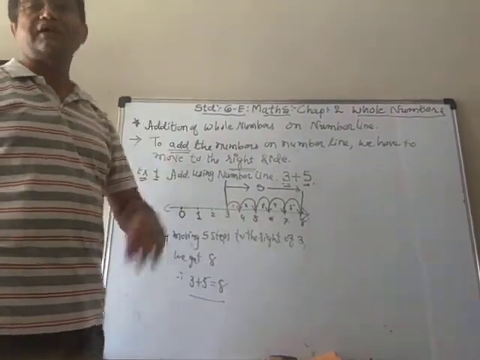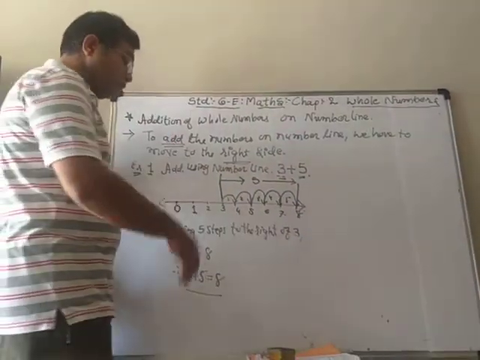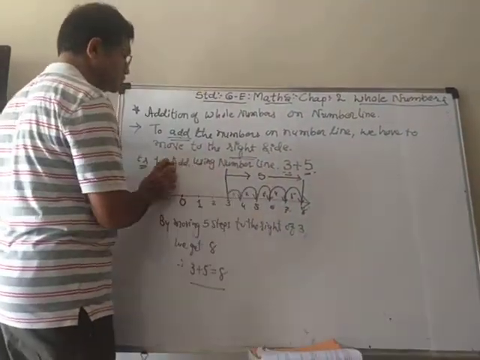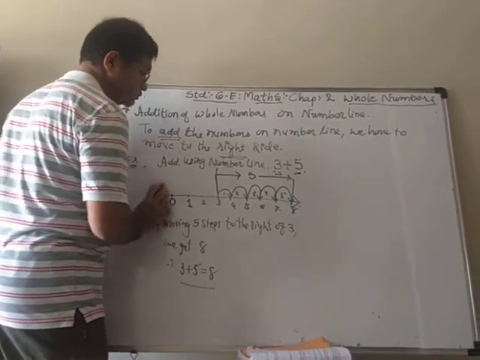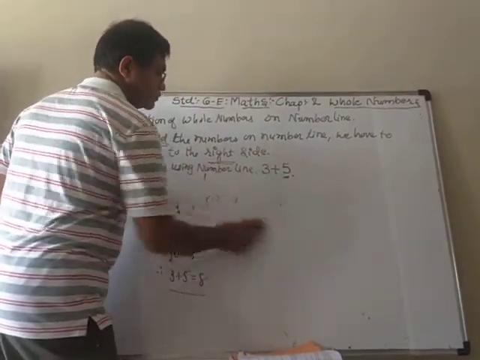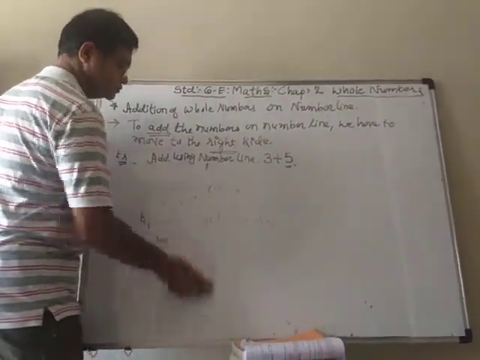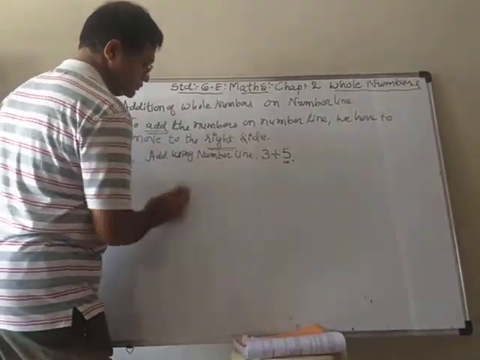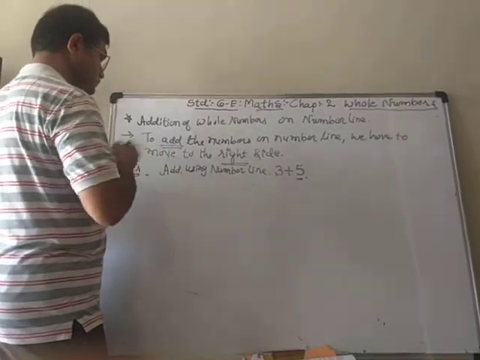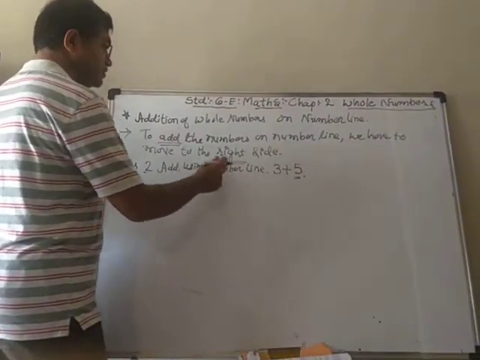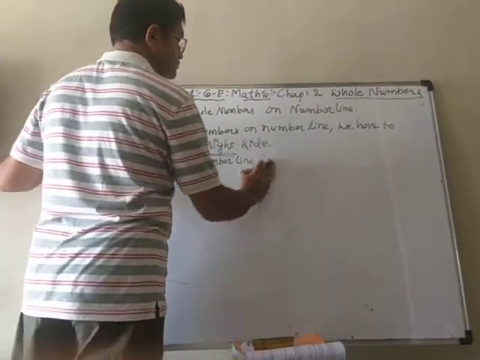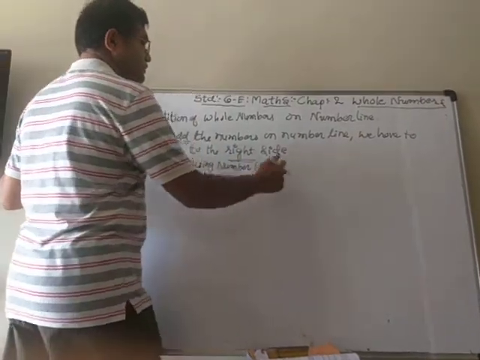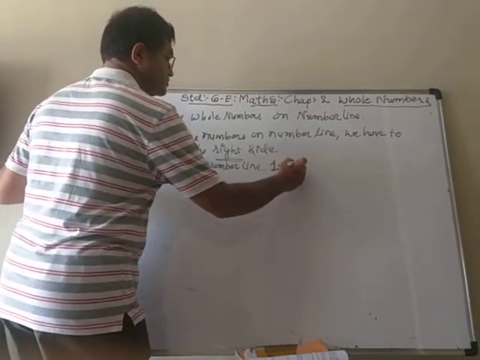Let's take another example so you can have more idea. Add using number line. So take 1 plus 6.